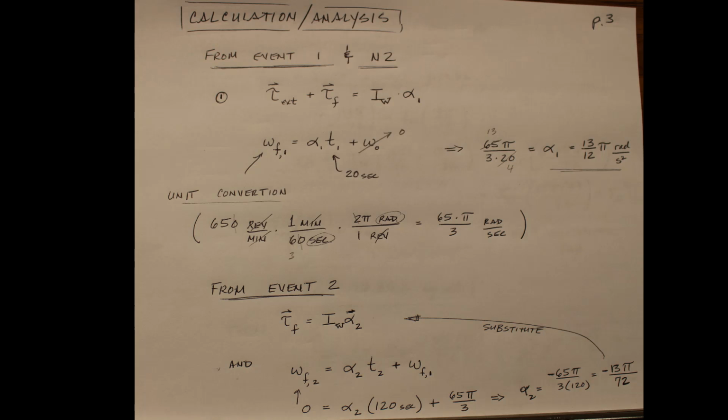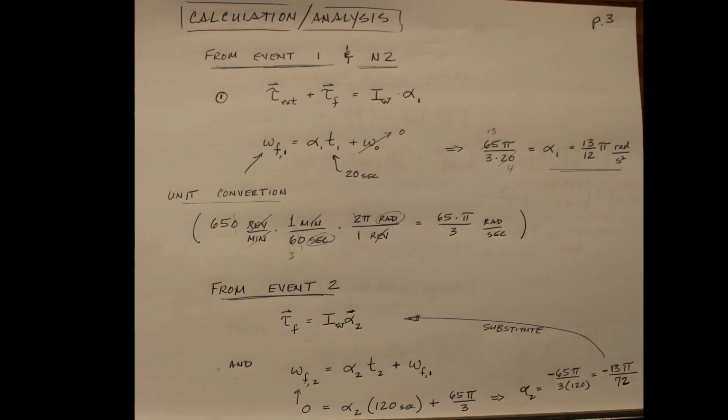Then from event 2, now there's just that frictional torque. And it will equal, this is Newton's second law for rotation again, the angular acceleration times the moment of inertia.